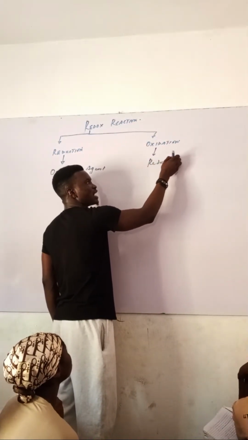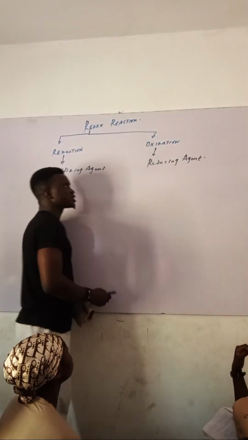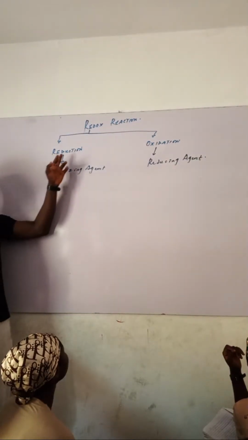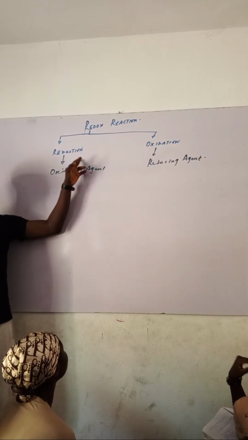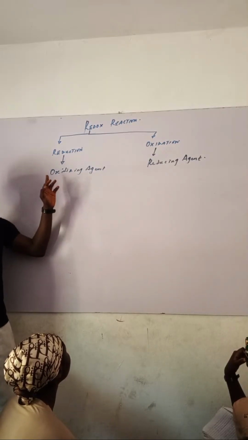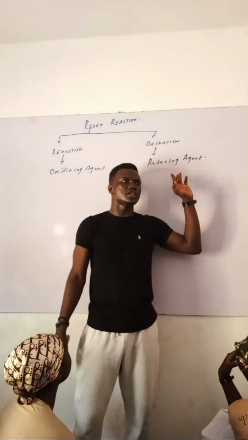So you need to pay attention from here now, and let attention pay you. A species that is undergoing reduction is called an oxidizing agent, while the one undergoing oxidation is called a reducing agent.